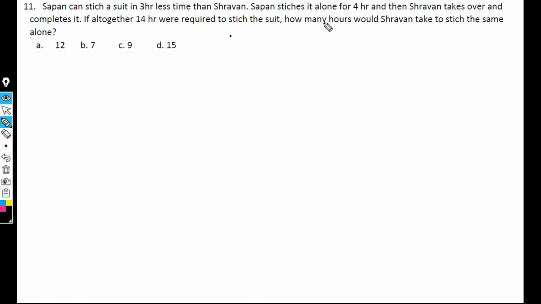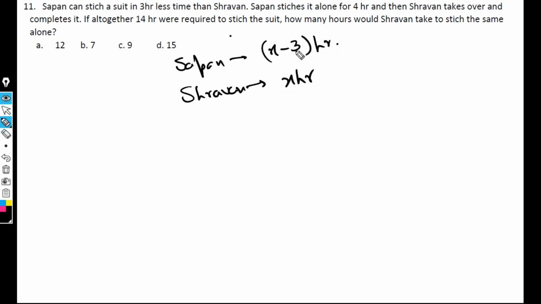Okay, guys, let's discuss. So here he says, Sapan can stitch a suit in 3 hours less time than Shravan. So let's say Shravan takes X hours to stitch the suit. So time taken by Sapan to stitch the suit is X minus 3 hours.